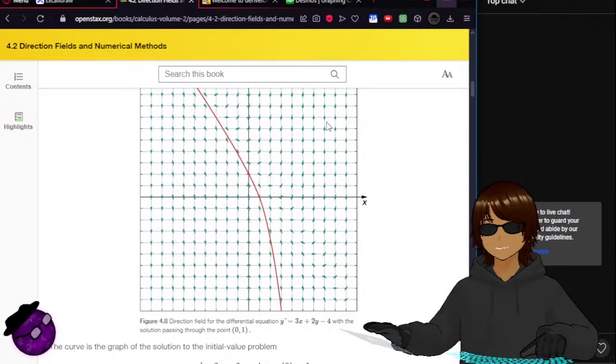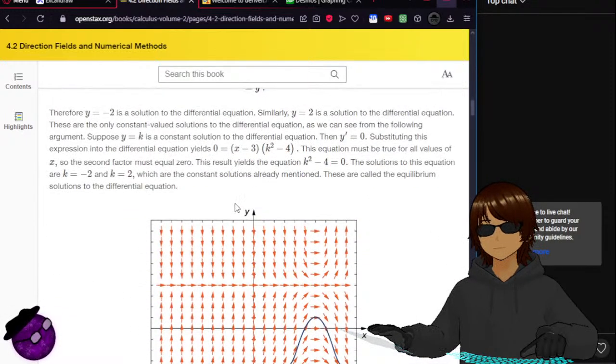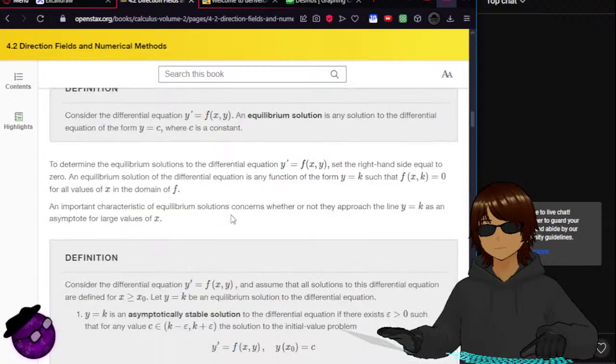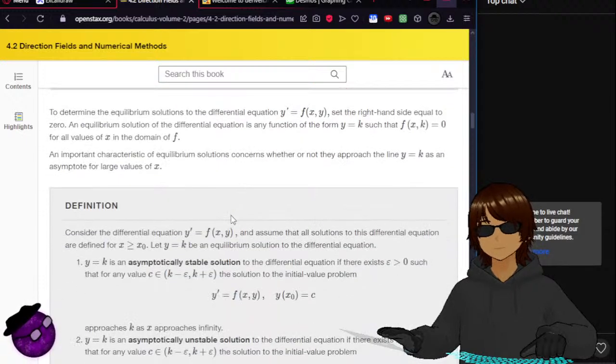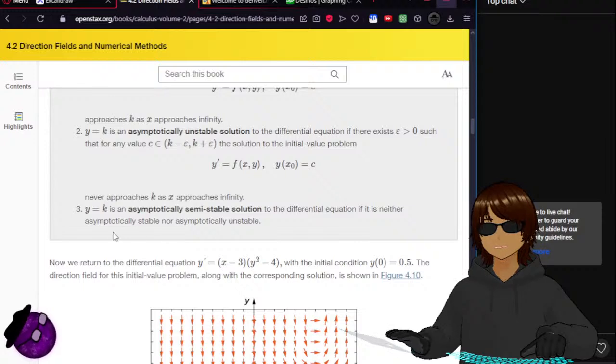I think let's take this. As x goes to infinity, this will go higher, I'm assuming. y is equal to k is an asymptotically semi-stable solution to the differential equation if it is neither asymptotically stable nor unstable.